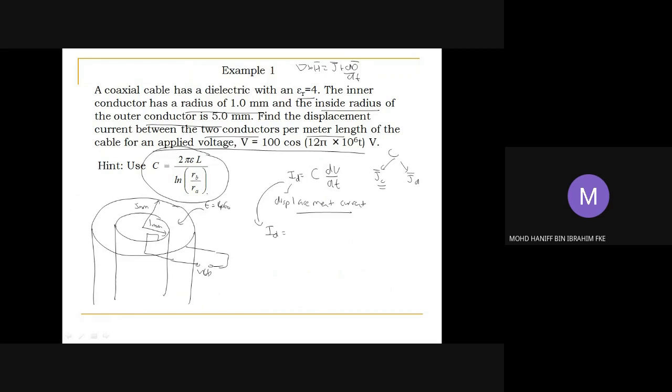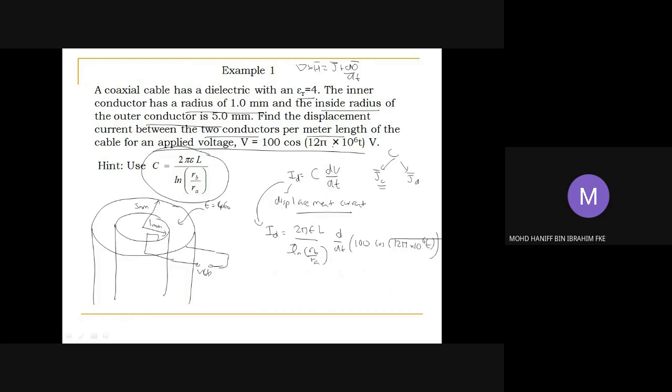So we just use this equation for the capacitance of the coaxial cable structure: 2 pi epsilon L over ln of RB over RA, in which RB is the outer radius and RA is the inner radius. The dV over dt will be d over dt of your voltage, which is 100 cosine of 12 pi times 10 to the power of 6 t.